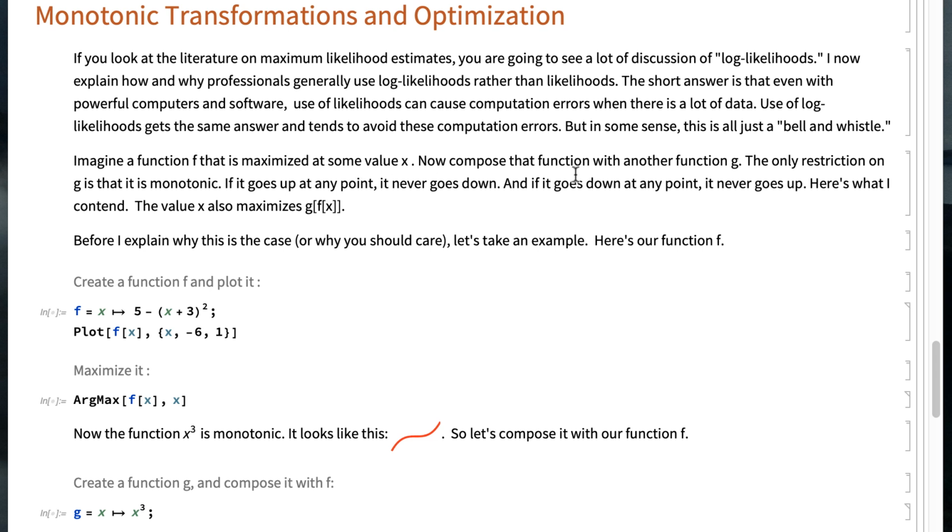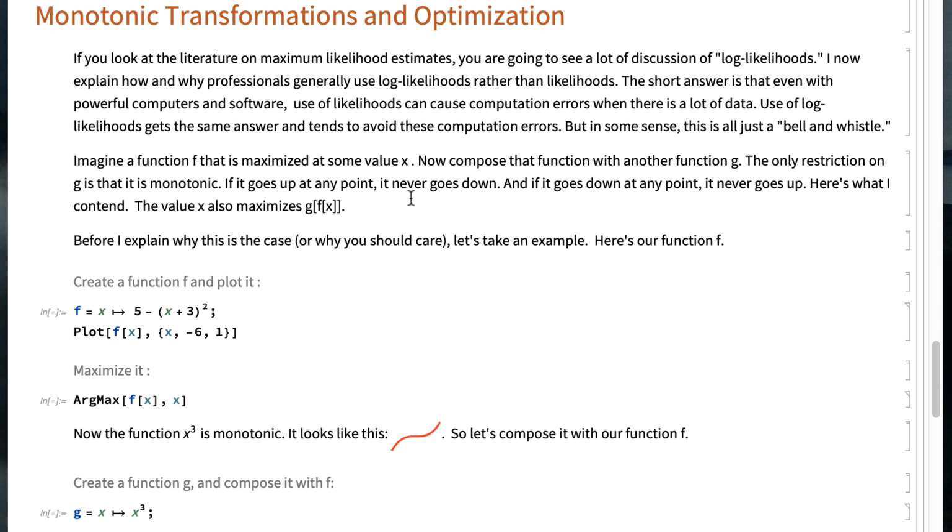Now, compose that function with another function g, that is, take the output from f of x and make that the input to another function g. And the only restriction on g I'm going to impose is that it's monotonic. That is, if it goes up at any point, it never goes down. And if it goes down at any point, it never goes up.